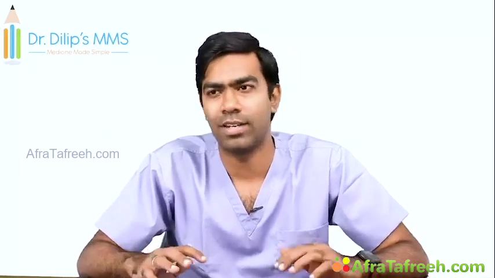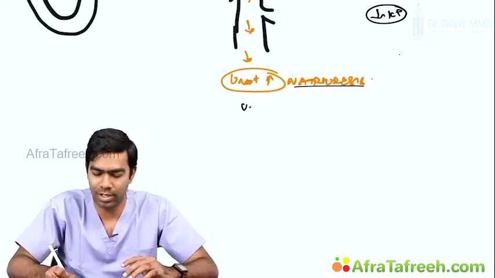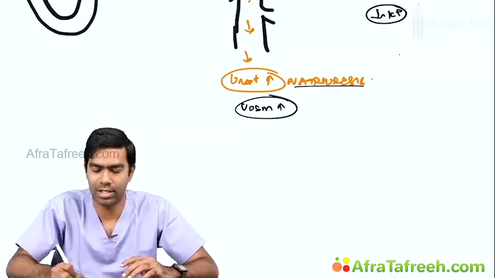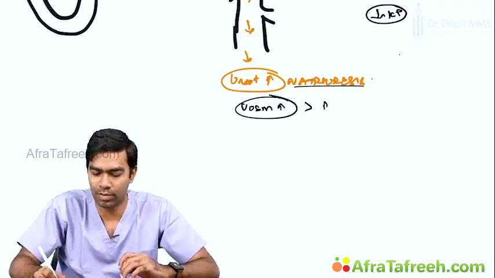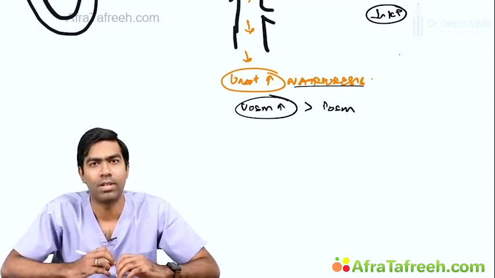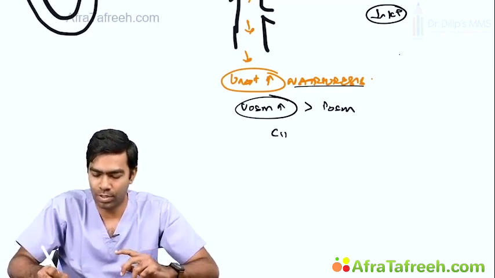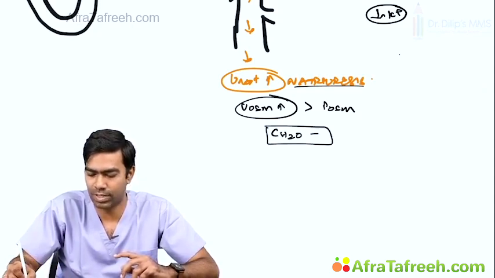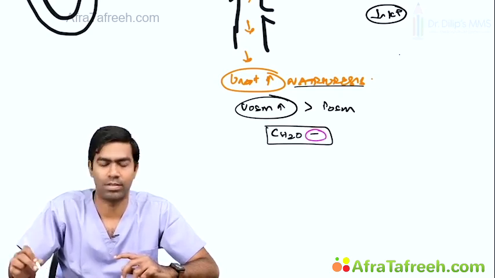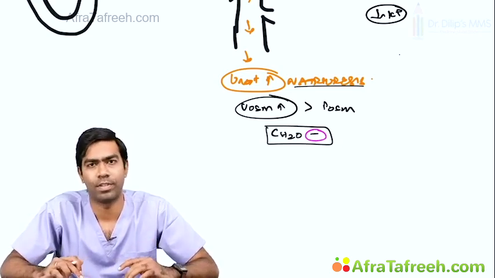So what will be the free water clearance here? With the use of thiazide diuretics, the urine osmolality will actually increase rather than decrease, which means it will be more than the plasma osmolality most of the time, and they are going to produce a negative free water clearance. So with thiazide diuretics, the free water clearance will typically be negative, not zero.